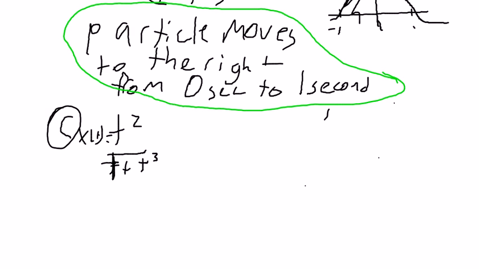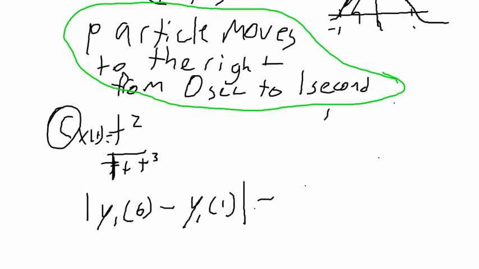So we would put in our calculators this function, then we would go vars, or the absolute value. That is not how you do absolute value. Absolute value of y1 of 6 minus y1 of 1 equals 0.338.